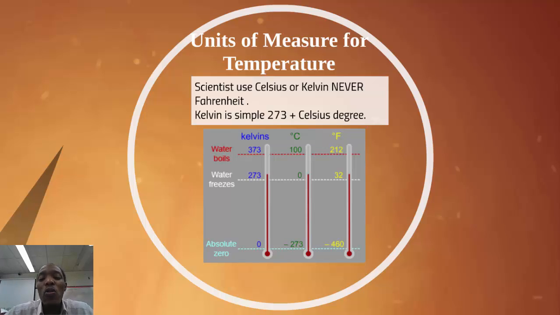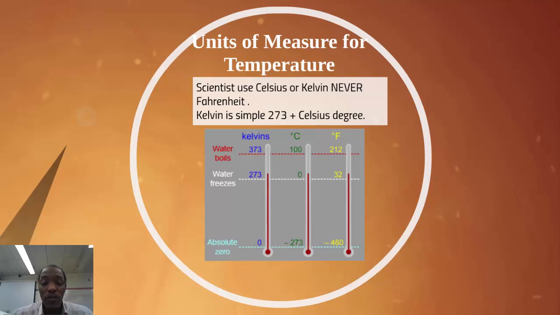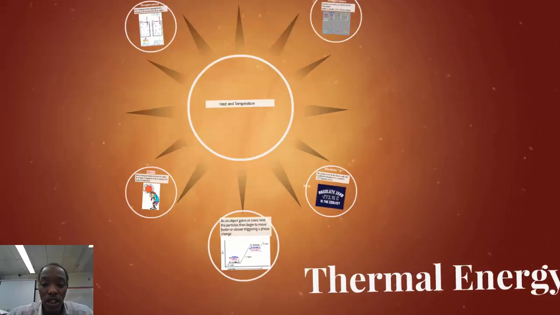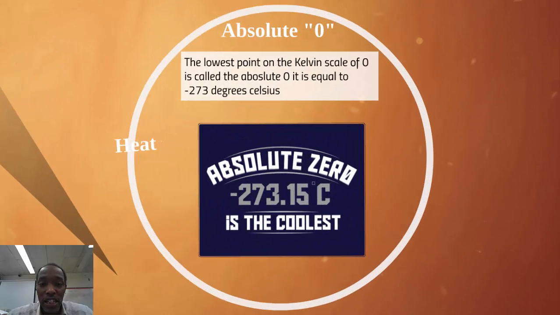Why is Kelvin so important? Because it gives us a special number. This number is called absolute zero. What absolute zero tells us is that this is the lowest point on the Kelvin scale. Remember how we said that particles are always in constant motion, no matter if it's a solid, liquid, or gas. Well, this is true up until it reaches absolute zero.